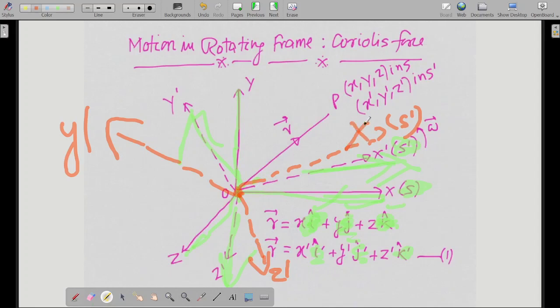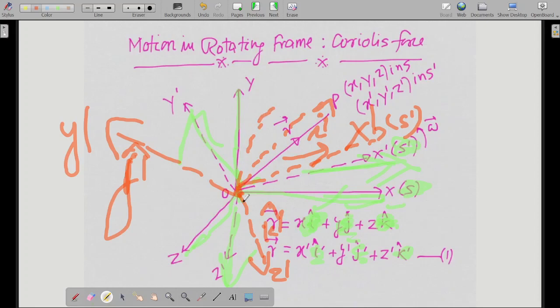This is your x prime, right? So the direction of i cap prime, direction of j cap prime, direction of k cap prime, the directions of these three vectors will keep on changing because the frame is rotating. It will come over here, then over here, then over here.